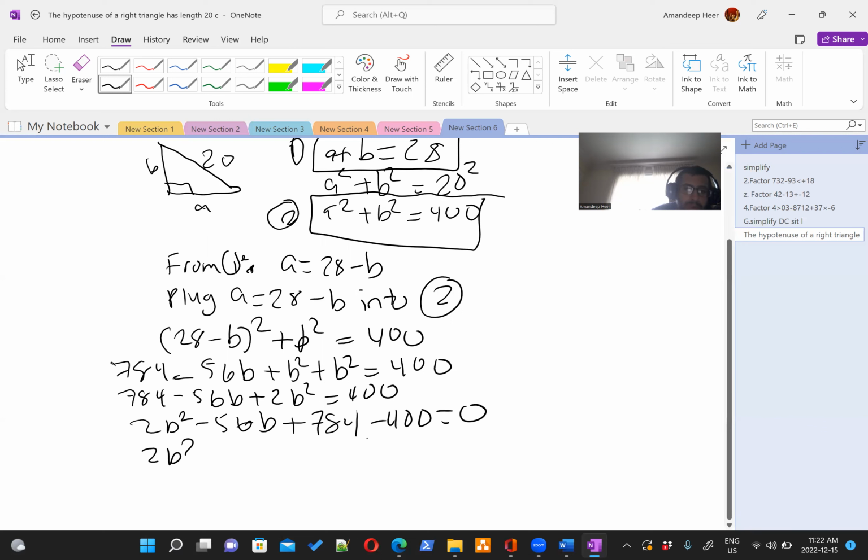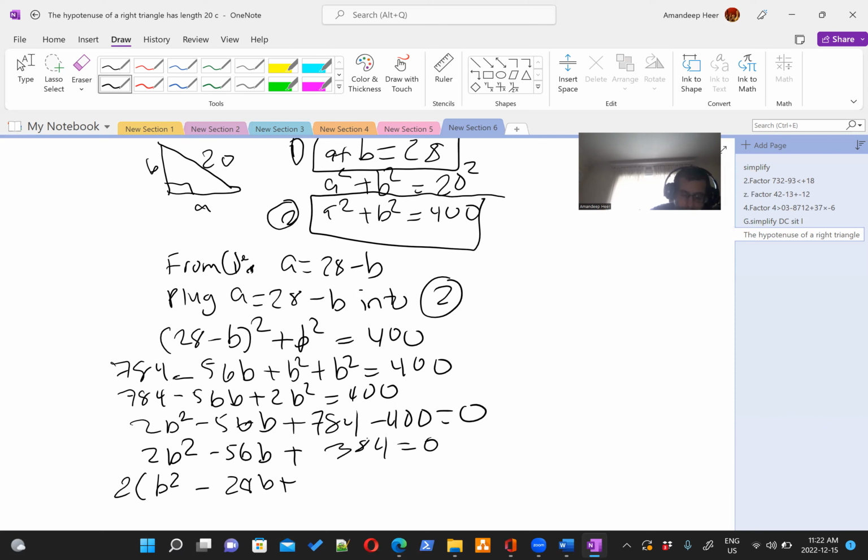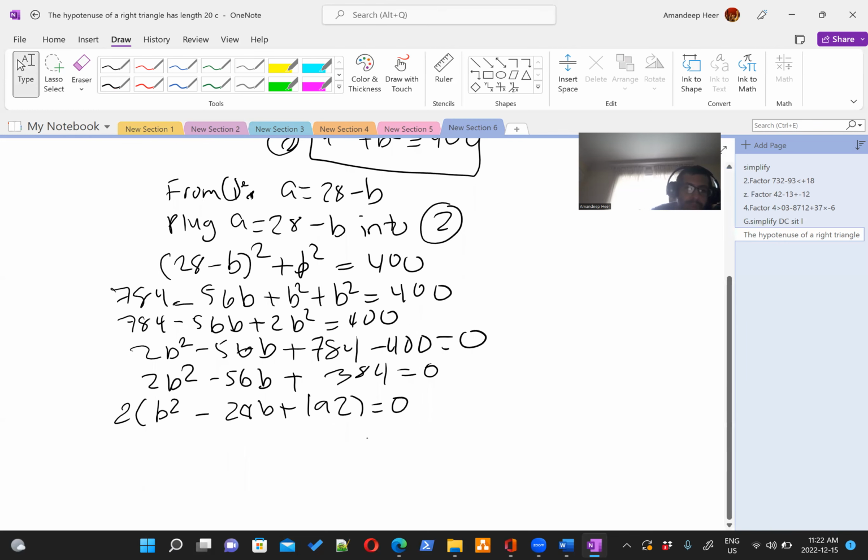So you get 2B squared minus 56B plus 384 equals 0. Now if you factor out a 2, or divide both sides by 2, you get B squared minus 28B plus 192 equals 0.